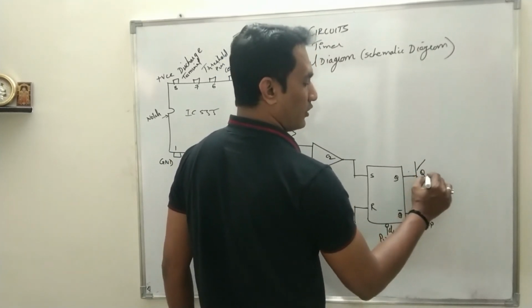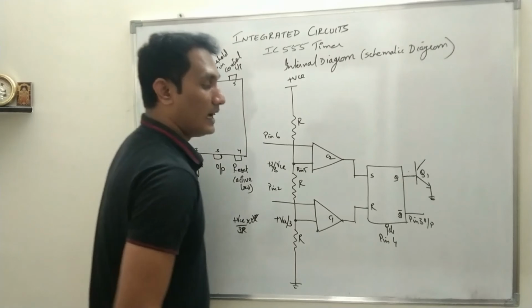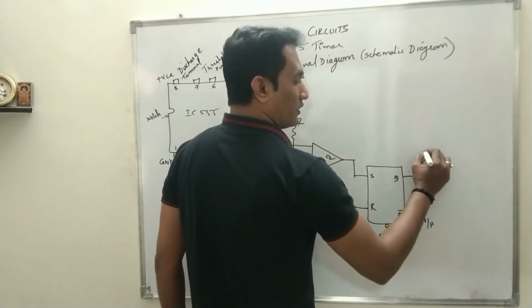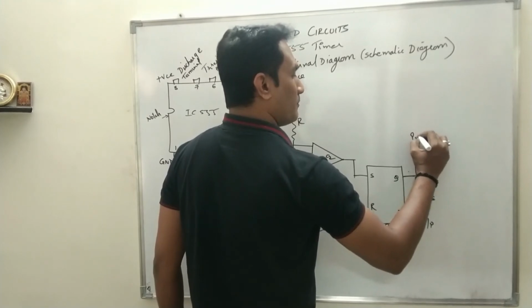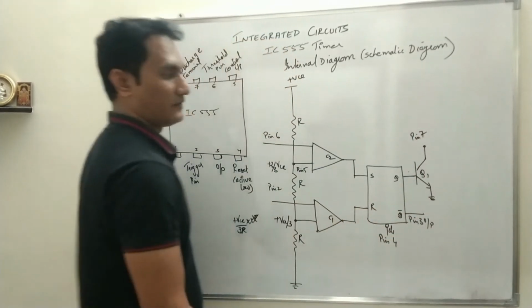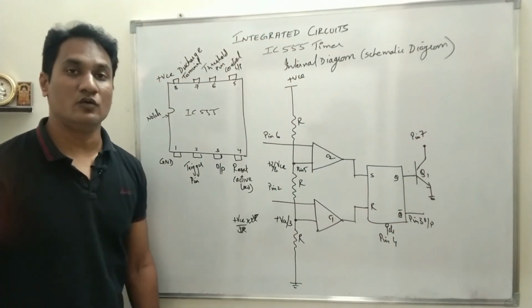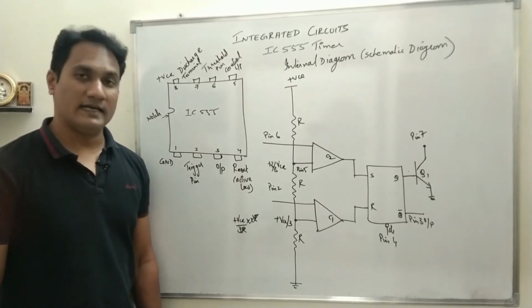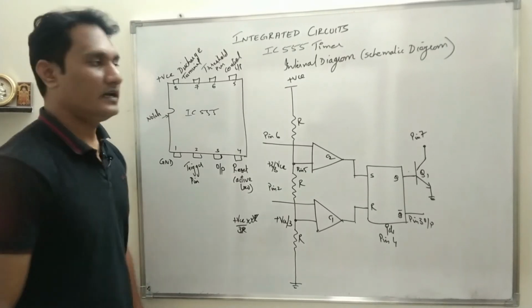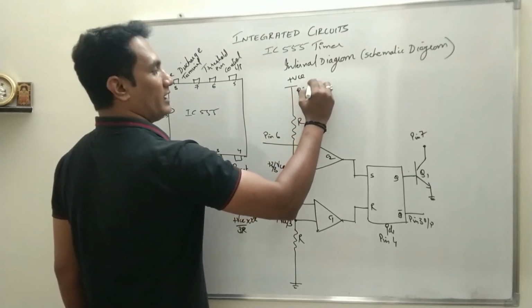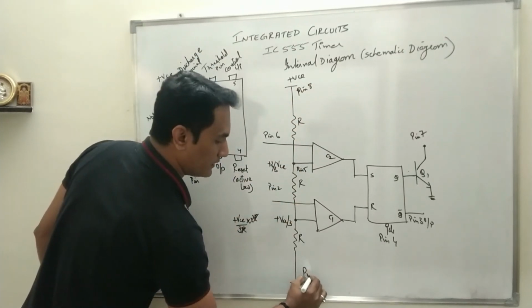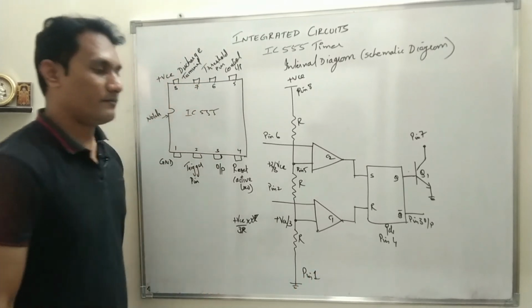I will call this transistor Q1, and it is connected at the output of the flip-flop. This terminal is called pin number 7. I will explain why it is called the discharge pin. Then the power supply is pin number 8, and ground is pin number 1.